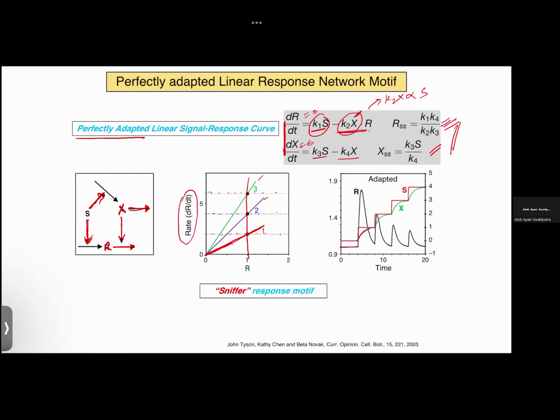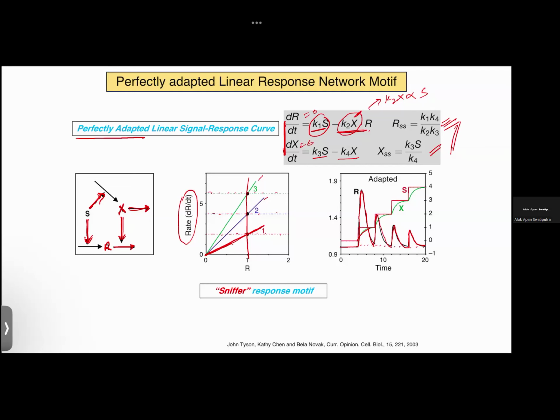Initially R will increase, but once X increases, it will start bringing down R, so it will come down again. Again, you put a pulse of signal. Again, R will grow, but once X goes up, it will bring it down. Again, you put a pulse. Again. So you see, no matter how much signal strength you're putting, your steady state value remains constant.